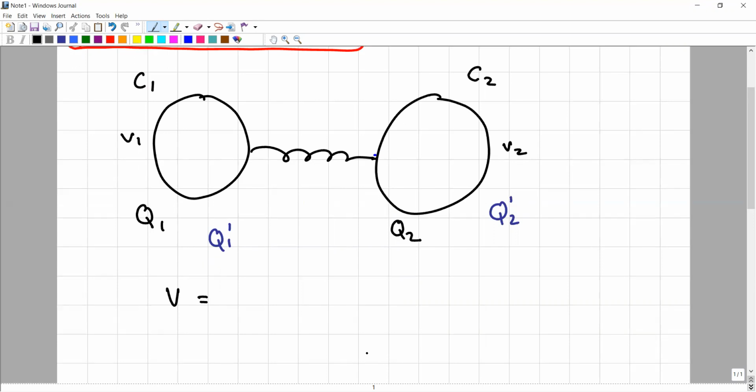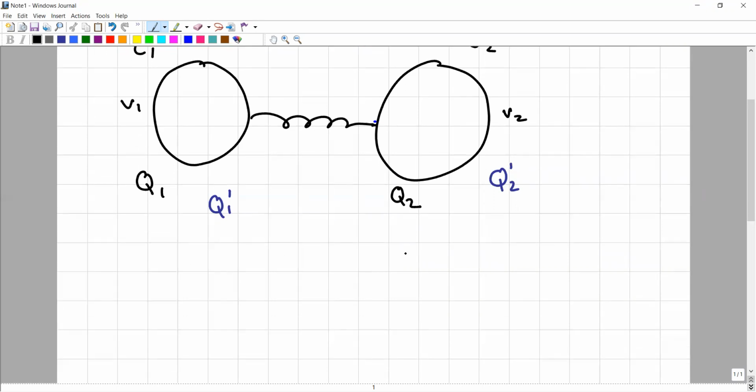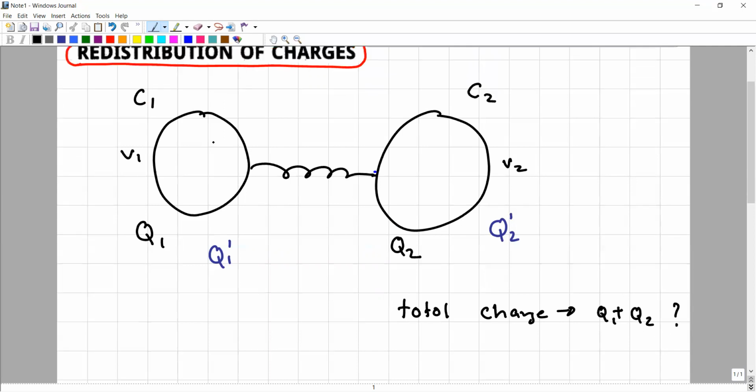Now, we know that the total charge would be Q1 plus Q2. Why Q1 plus Q2? Because these two capacitors are isolated and insulated also. So they don't lose charge to anything else.